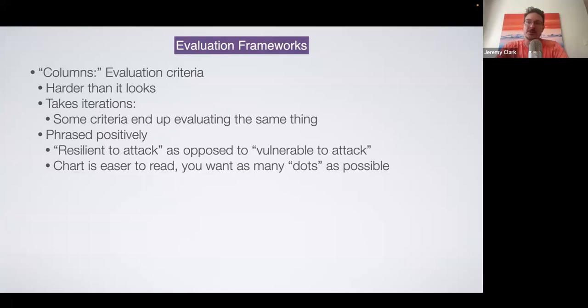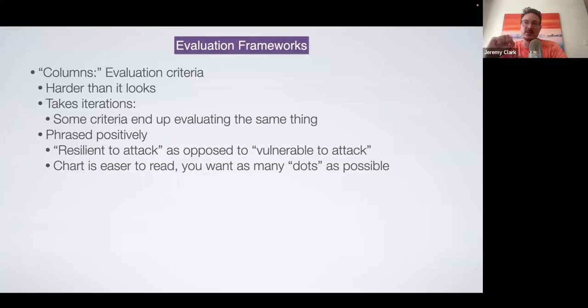So you could phrase your column as vulnerable to cold boot attack, and then you would put a check mark beside the ones that are vulnerable to it. What I'm saying is flip it around, because what you want is for it to not be vulnerable. So instead of calling your column vulnerable to attack, you say not vulnerable to attack, or resilient to a cold boot attack. Now the check mark is something you want.